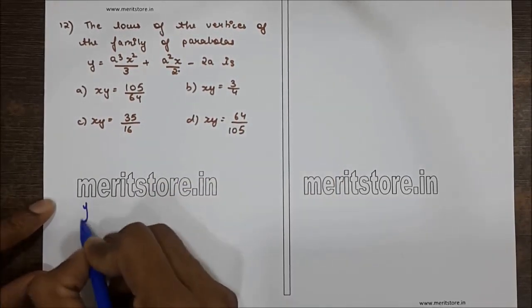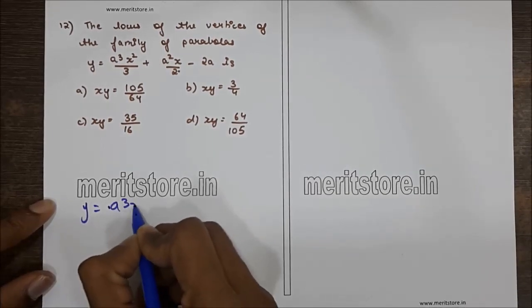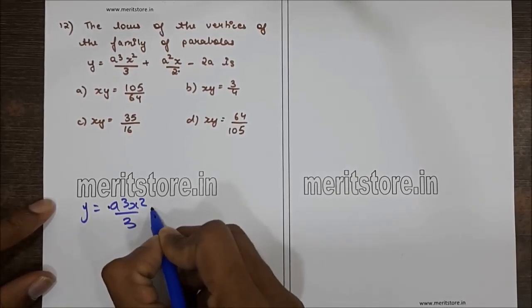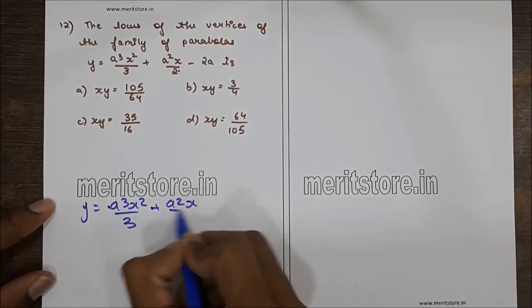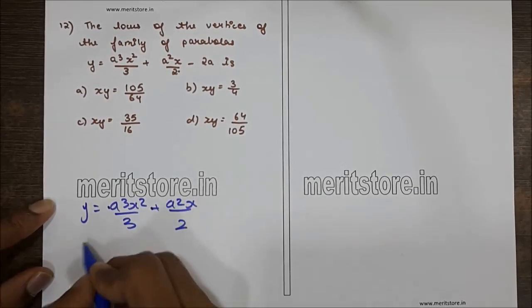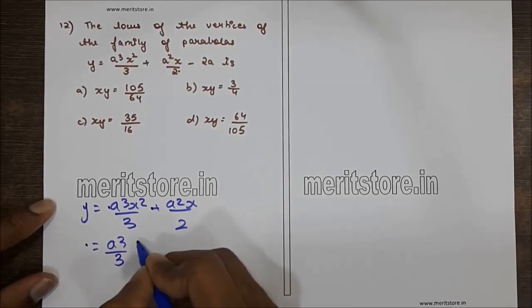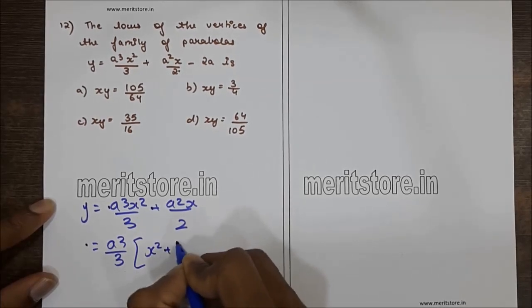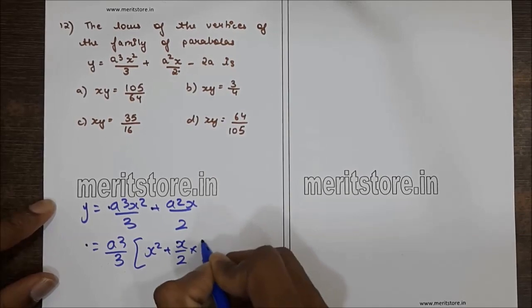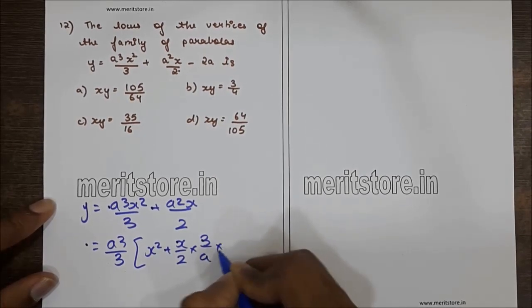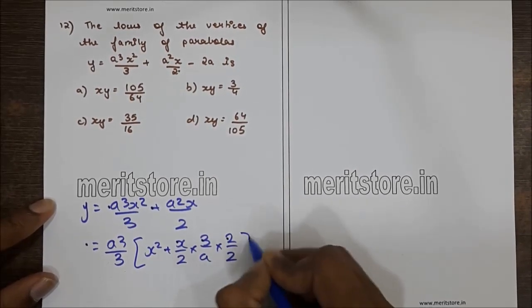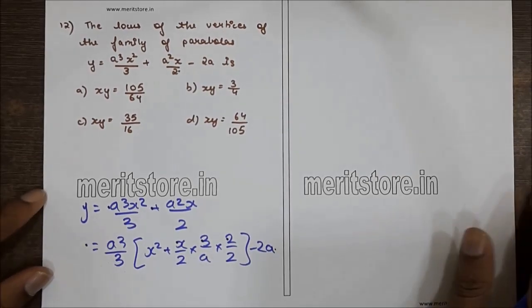We have y equal to a cube x square upon 3 plus a square x upon 2, which we can write as a cube upon 3 x square plus x upon 2 into 3 upon a into 2 upon 2 minus 2a.